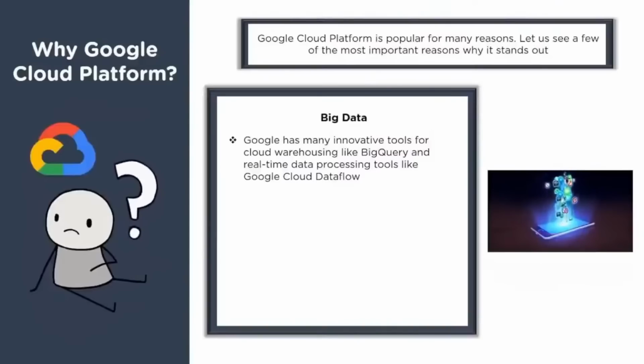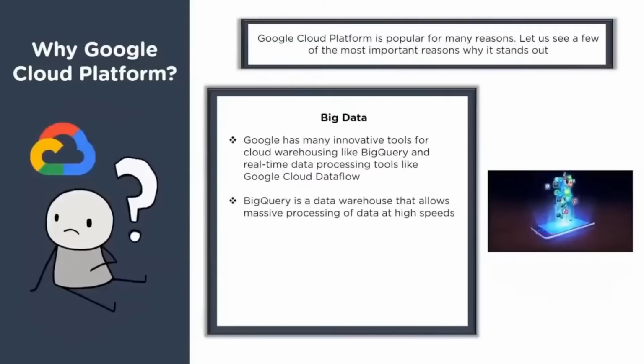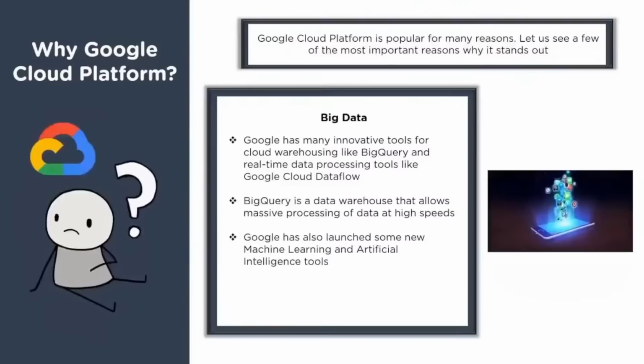So if an organization is working on big data, Google Cloud can be a better choice because Google has many innovative tools for cloud warehousing, for example, BigQuery, and even real-time data processing tools such as Dataflow. BigQuery is a data warehouse that allows massive processing of data at high speeds, basically working on your structured data. Google also has launched some new machine learning and artificial intelligence tools.